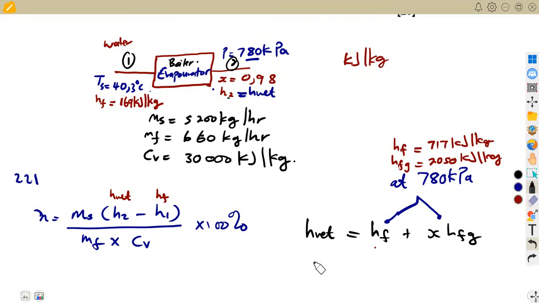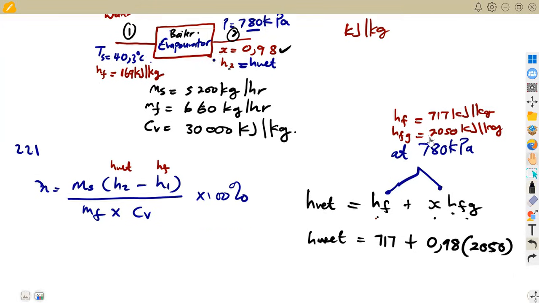We're going to substitute to calculate our H wet in this case, and this value for H wet is going to be HF, 717, plus X, which is the dryness fraction of 0.98, times HFG in this case, which is 2050.